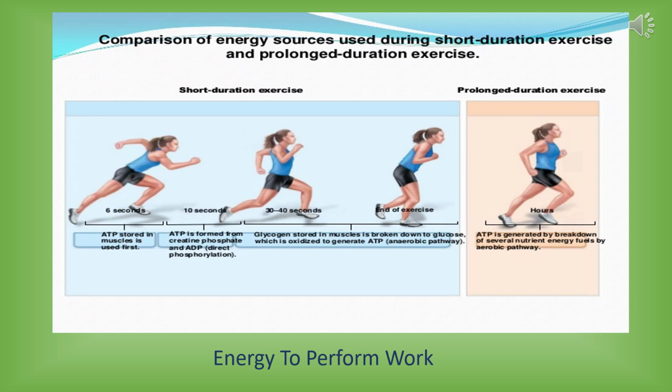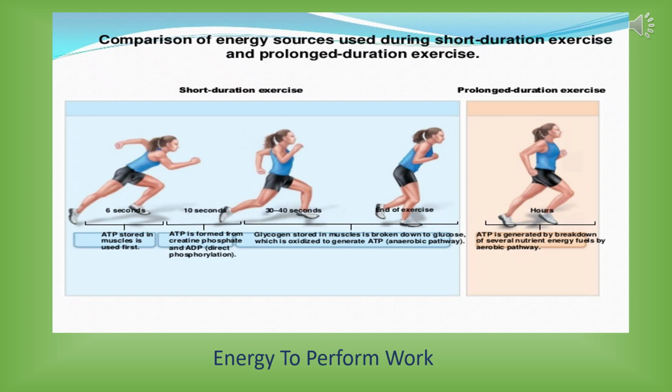Fortunately, the heart and lungs catch on to the need for more oxygen and more glucose to be delivered to the muscles. So we dilate the capillaries going to the muscles. The heart beats faster, it beats harder. The lungs take in more oxygen and they eliminate more carbon dioxide.